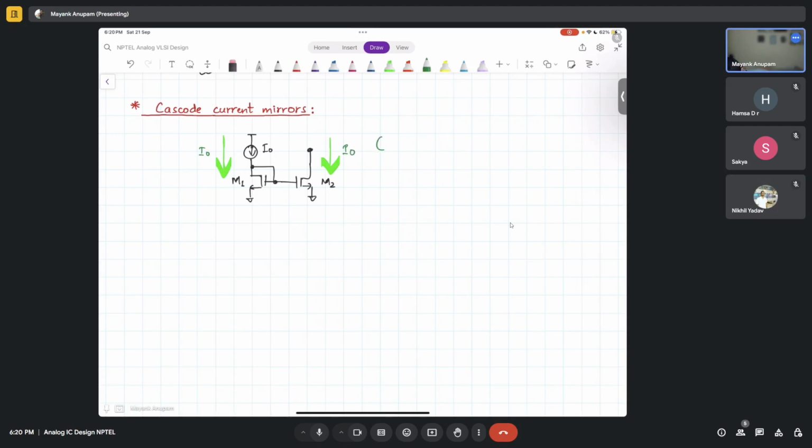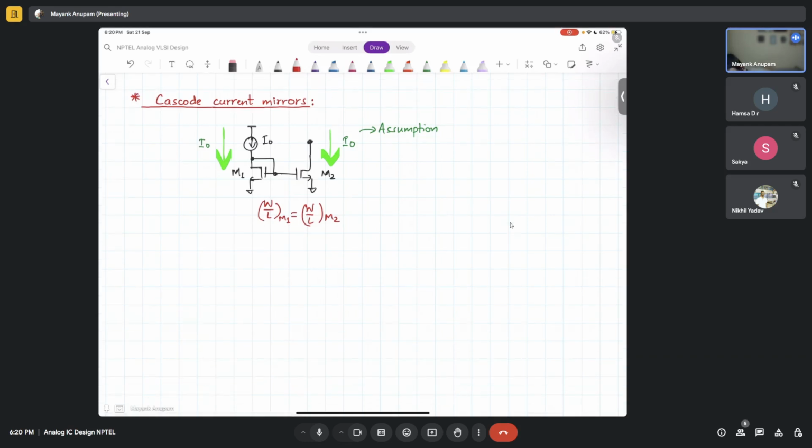This is under the assumption that W by L of M1 is equal to W by L of M2, and that CLM is not present.